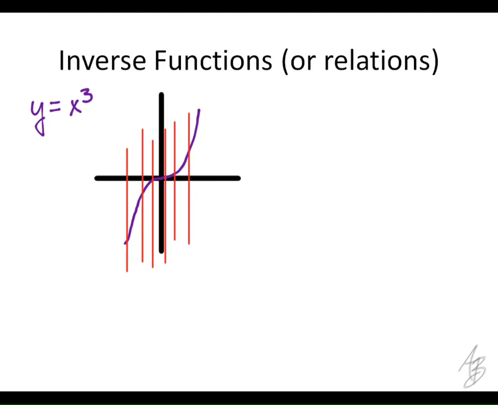And in this case, is that going to be true? Is that going to change if I expand the domain here, if I widen my graph? Is it still going to be true? Yes. If I go out to bigger x values or bigger y values, I'm still only going to get those vertical lines crossing the graph one time. So does this function have an inverse? And what would it look like?